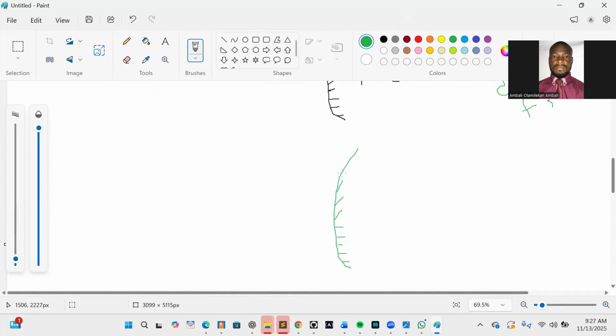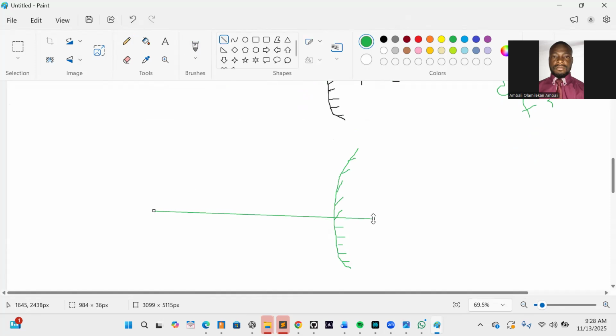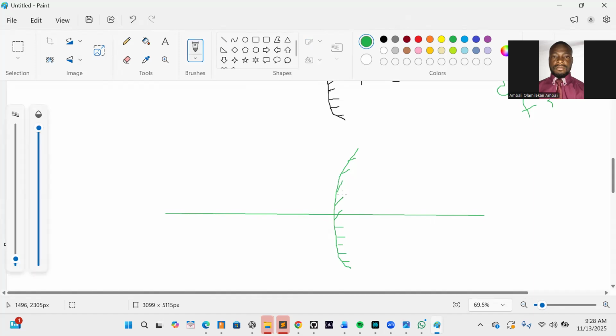Then you have to put your arrows for this. So we are expected to be drawing it as we are seeing the diagram.